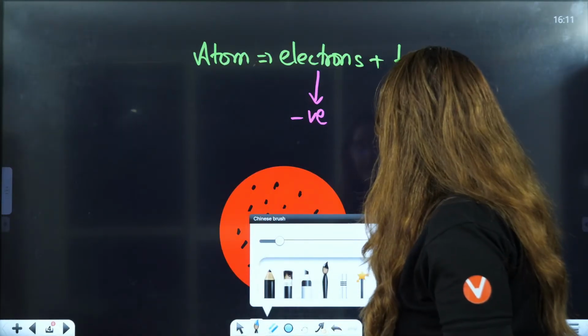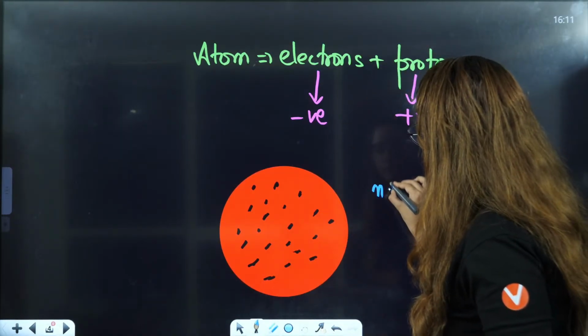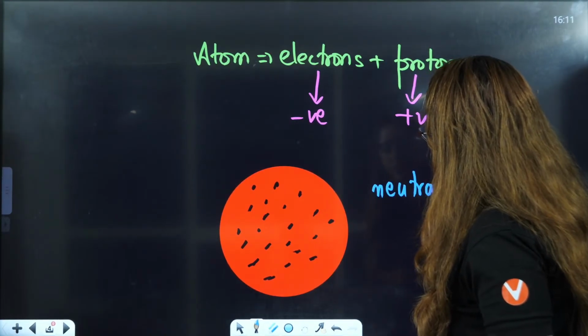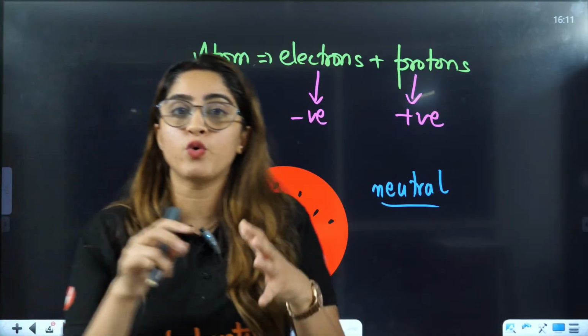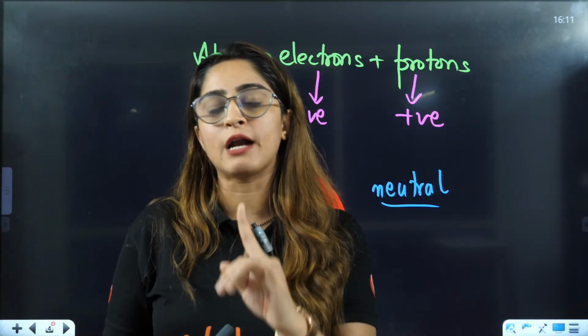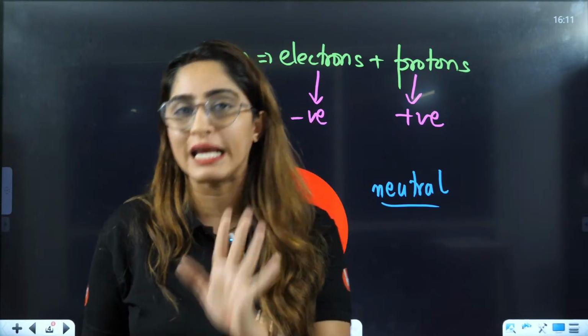Now he said that the atom is electrically neutral. How did we get to know it is neutral? By doing experiments. That means the positive charge is cancelling the negative charge.